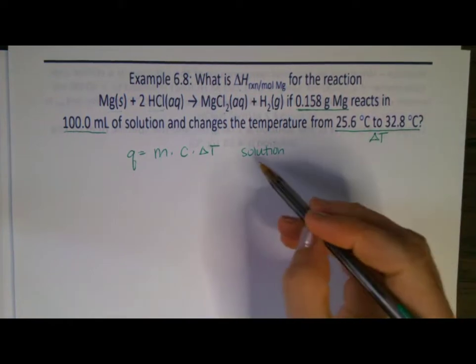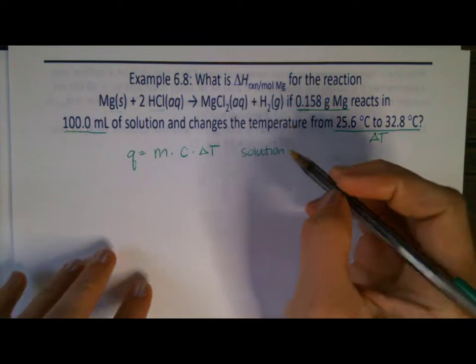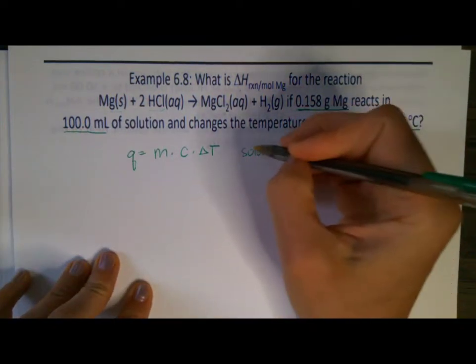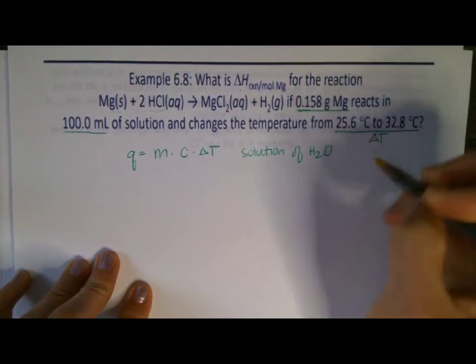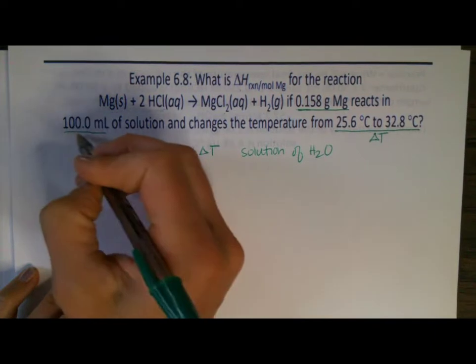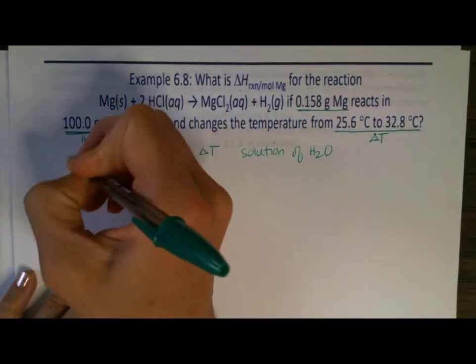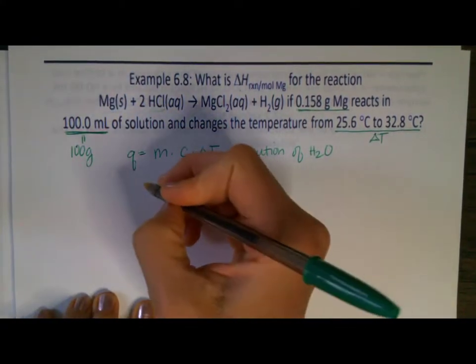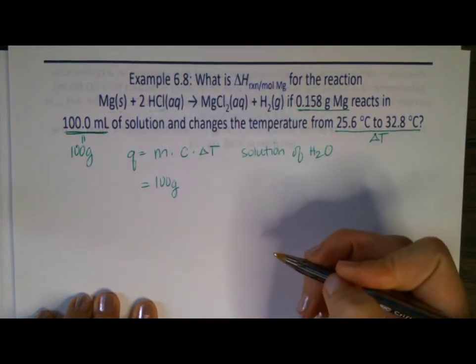And the mass, it doesn't tell us it's water, but we're going to assume, since it doesn't say, that it's a solution of water, H2O. If we have 100 milliliters, we know that the density of water is 1. So 100 milliliters is equal to 100 grams of water. So my mass that I'm going to write down here is 100 grams.